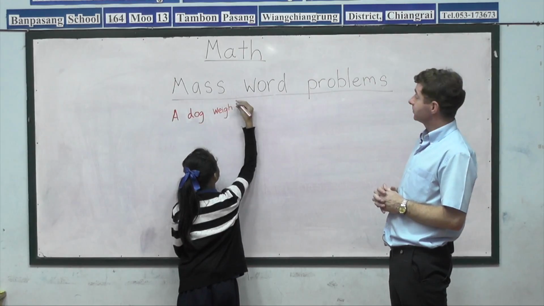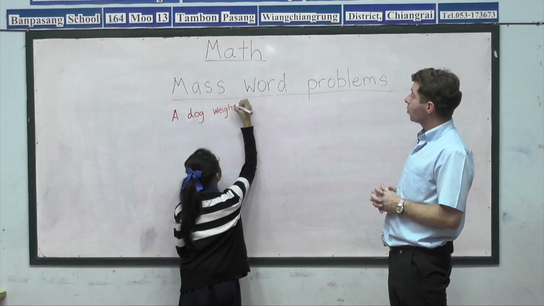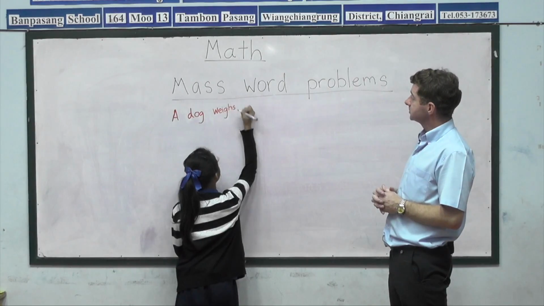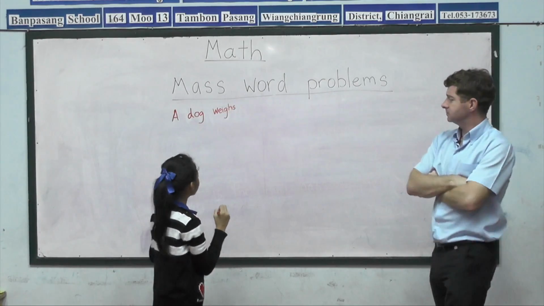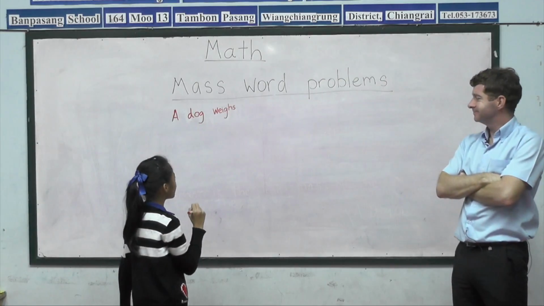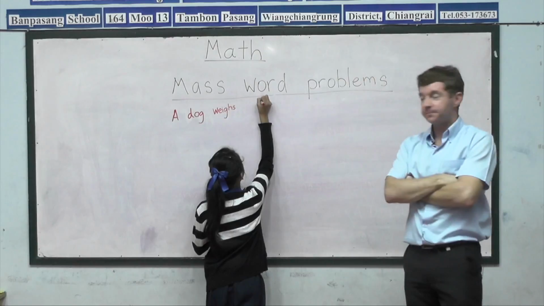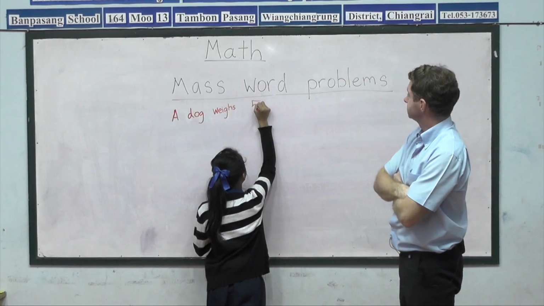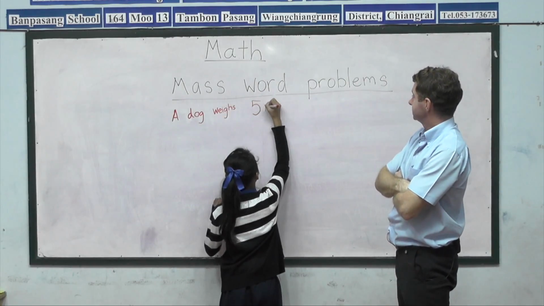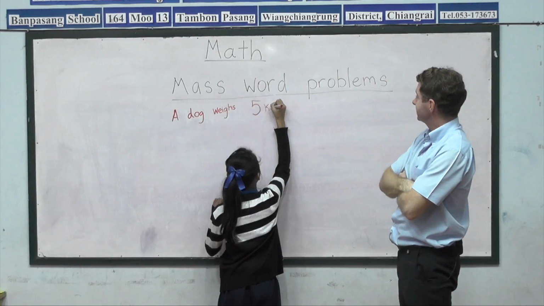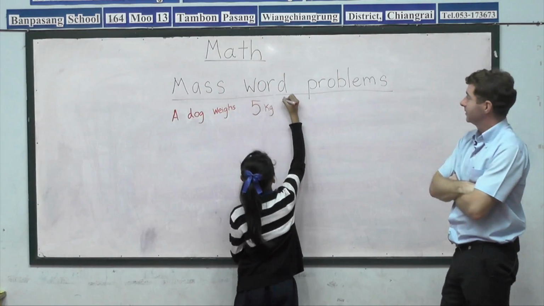W-E-I-G-H-S. A dog weighs how many kilograms? 5 kilograms, okay. And how many hectograms? 2 hectograms.